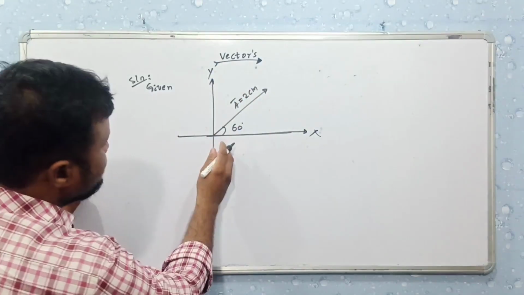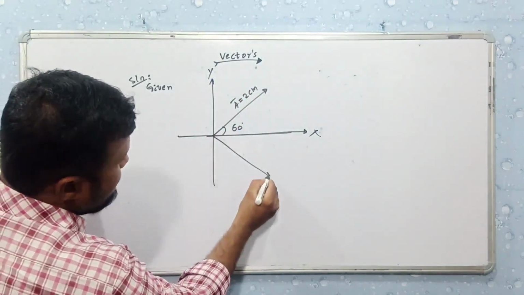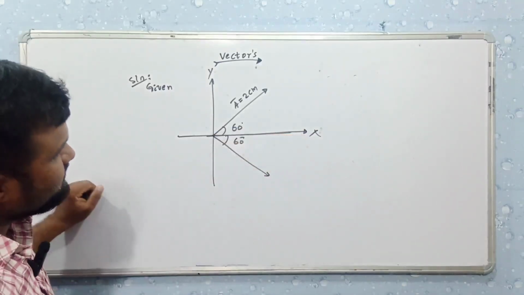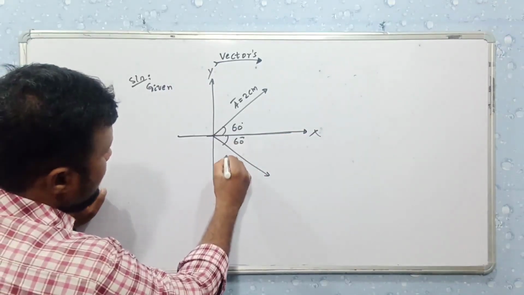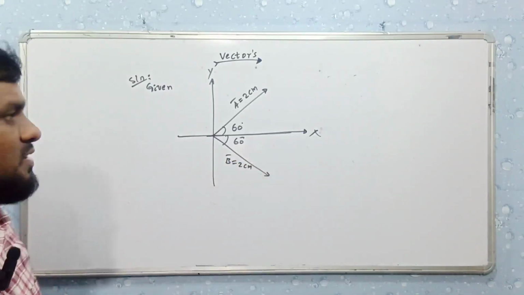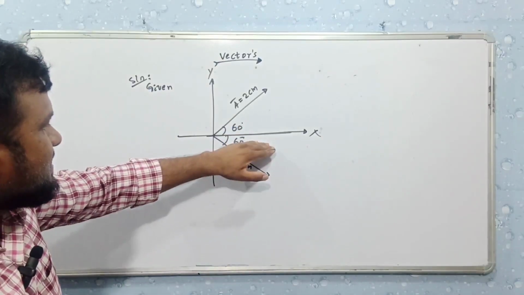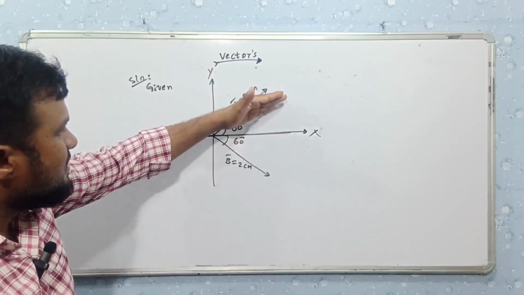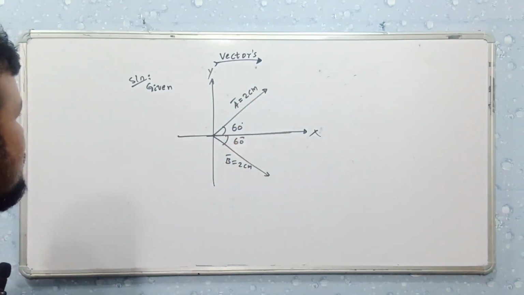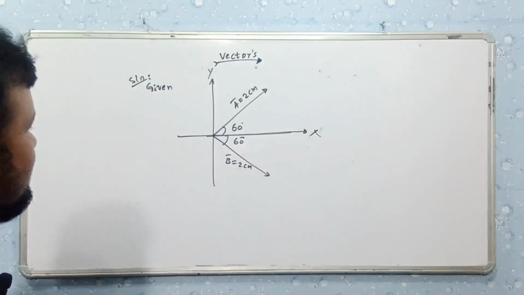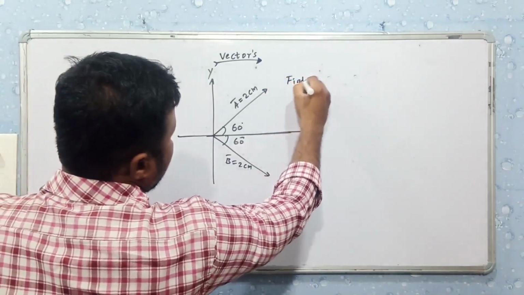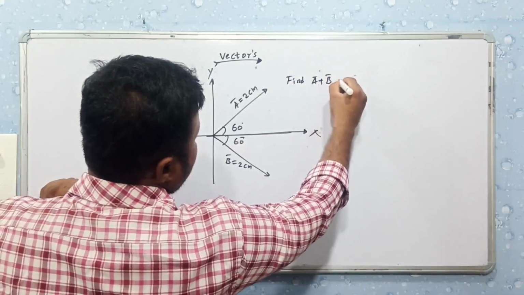And vector B bar, 2 centimeters, makes an angle of 60 degrees below the x-axis. B bar is also 2 centimeters long in the fourth quadrant. So we have to find the resultant vector, that is A bar plus B bar.